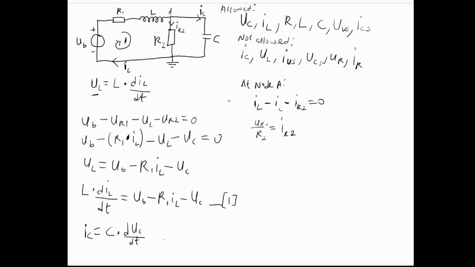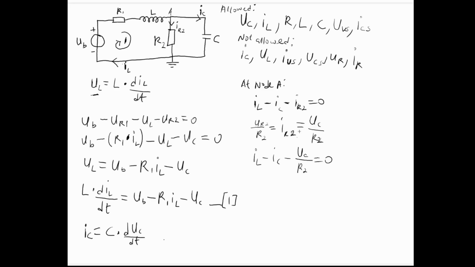But you can see that even if the voltage across resistor 2 is not allowed, resistor 2's voltage is equal to the voltage of the capacitor. Therefore, you can also say that I2 is equal to UC divided by RO2. Now, RO2 is allowed, UC is allowed. So we can substitute it here. Therefore, the current of the inductor minus the current of the capacitor minus the voltage of the capacitor divided by RO2 is equal to 0.